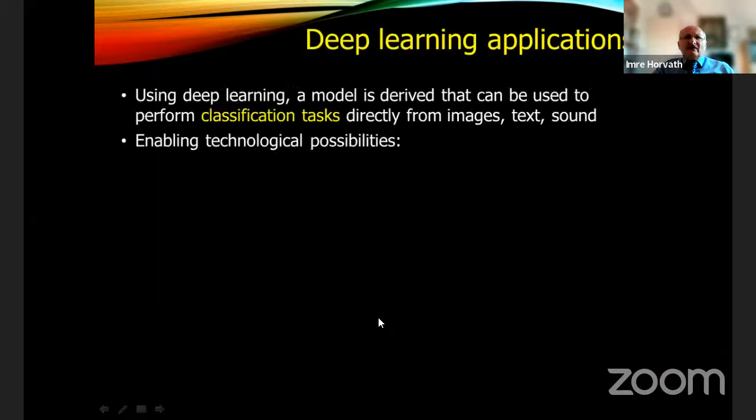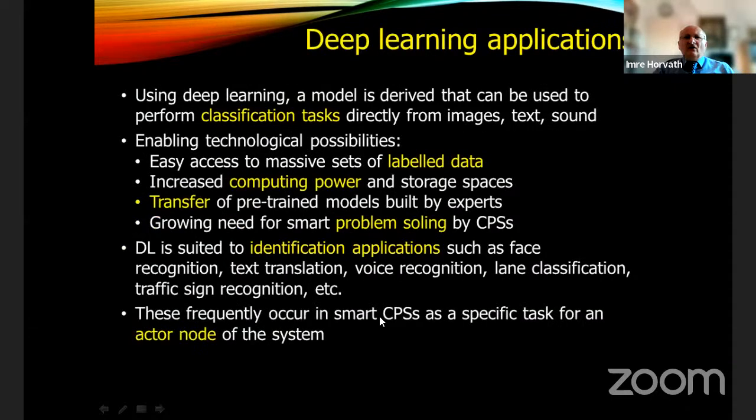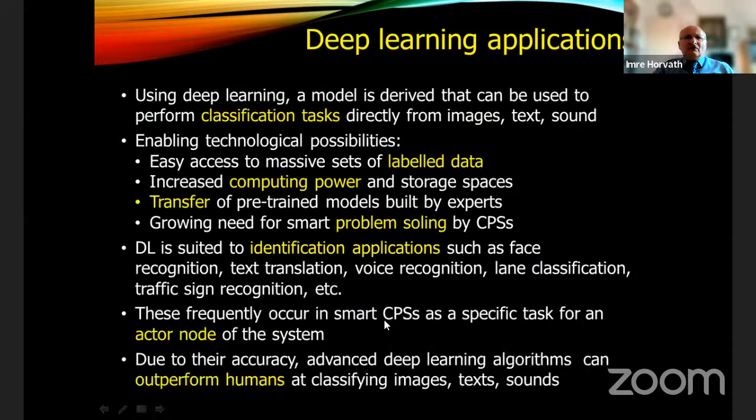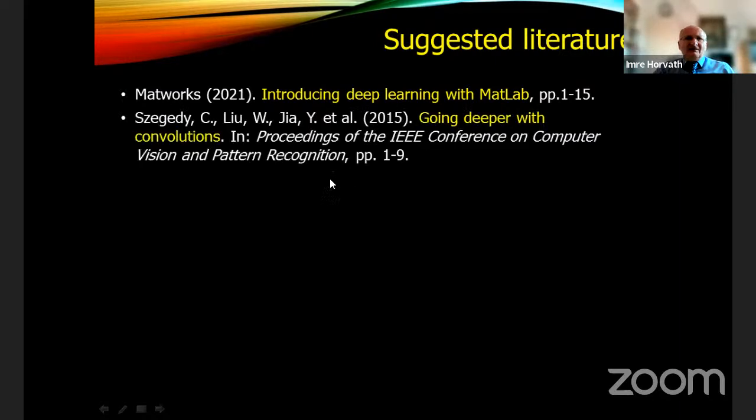There are several applications of deep learning. You heard in the video, and I was also talking about, many applications. At the end of this block, let me propose a couple of literature sources. The first one is from MathWorks, from the latest package. You can read an introduction into deep learning with MATLAB.